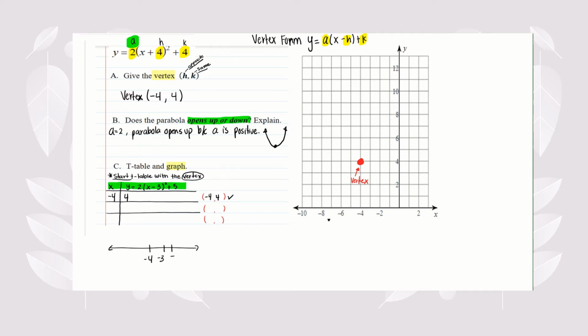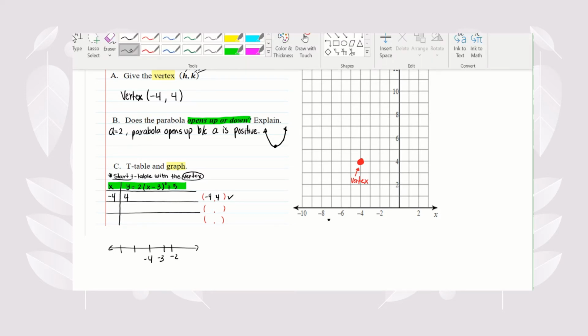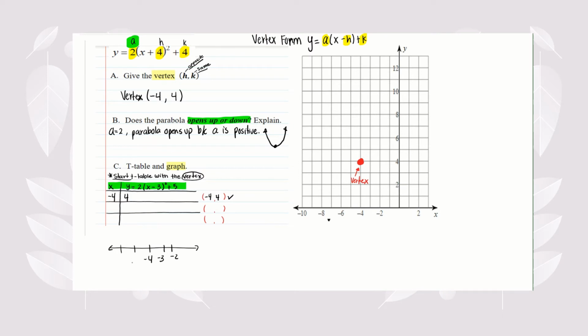So how do we choose the other two points that we're going to use to graph our parabola? Pretend that you have a number line. We start with negative 4. There are numbers to the right and to the left of negative 4. Negative 6 and negative 5 are to the left of negative 4, and negative 3 and negative 2 are to the right. So you get to choose which one you want to use.